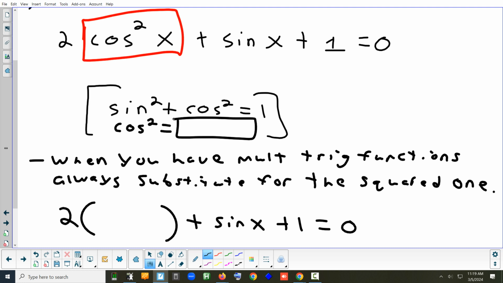Yeah, we'll just say it as 1 minus sine squared. So cosine squared is 1 minus sine squared. Any question how we got that?